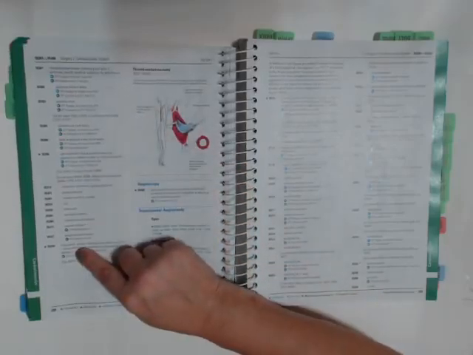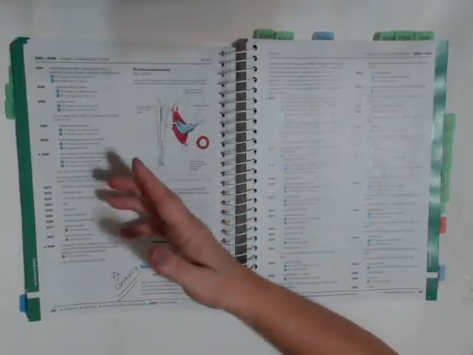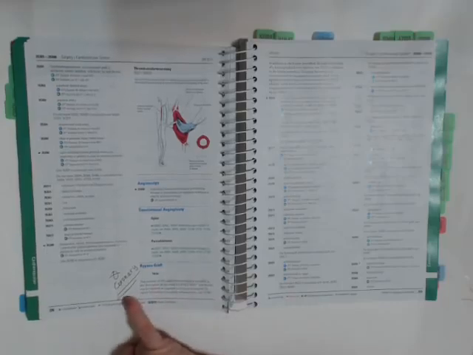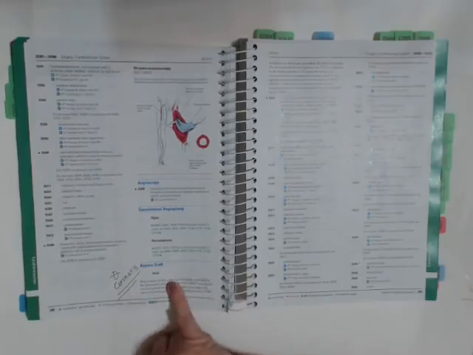Very, very common in the carotids, to have a thromboendarterectomy or a carotid endarterectomy to clean out the plaque. Okay, then we have bypass grafts. I have here not coronary. These are bypass grafts not done on the heart. They can be done anywhere else in the body, but not cardiac, not on the heart.